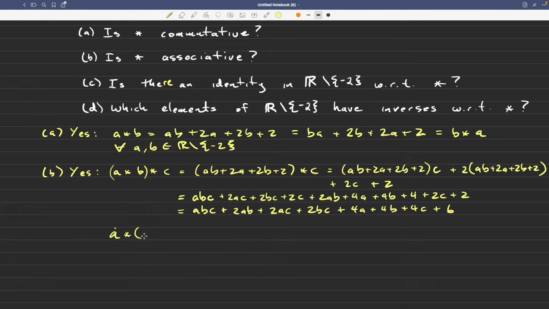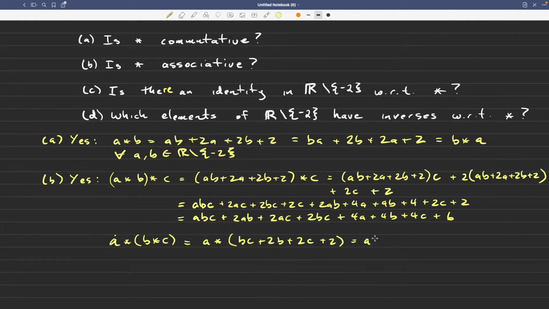So then I think we're going to see that we get the same thing when we do A star and then do B star C like this. So that'll be A star BC plus 2B plus 2C plus 2. So then you multiply like this, A times BC plus 2B plus 2C plus 2, and do plus 2 times A plus 2A plus 2 times BC plus 2B plus 2C plus 2, and then plus 2.